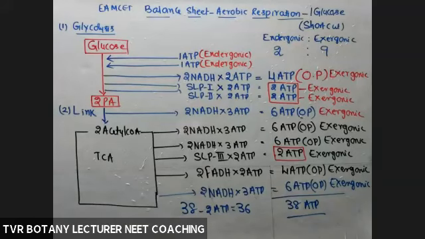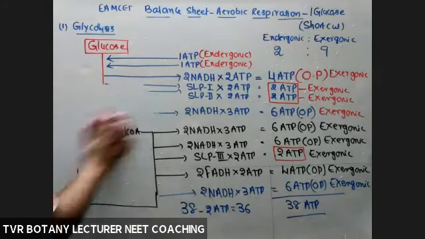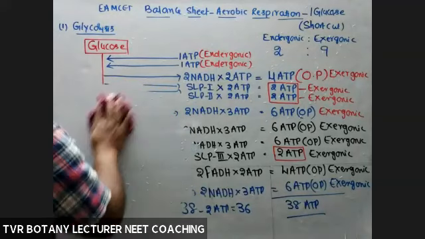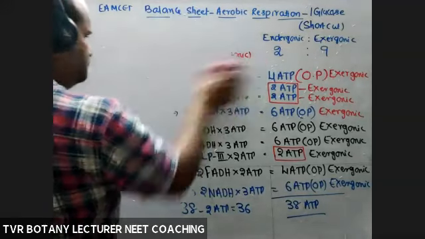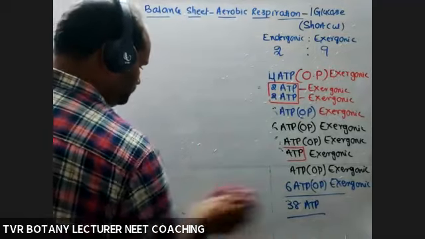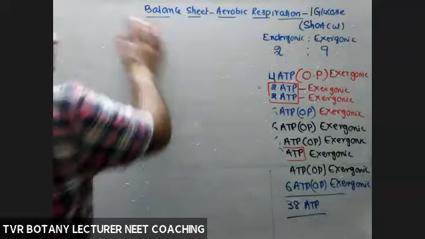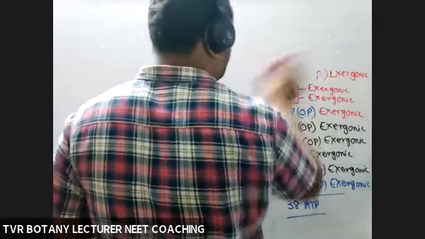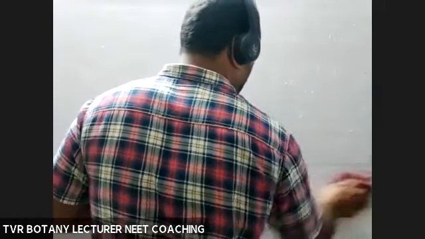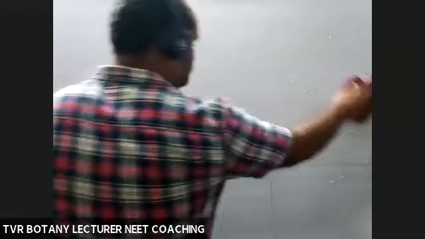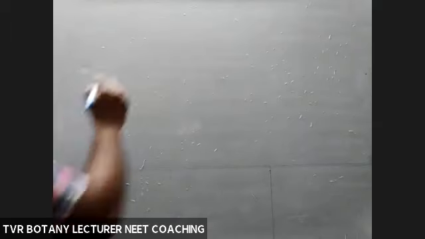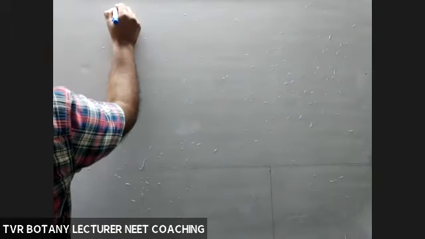Now the question is, in the case of eukaryotes, where or in which mitochondria is involved.